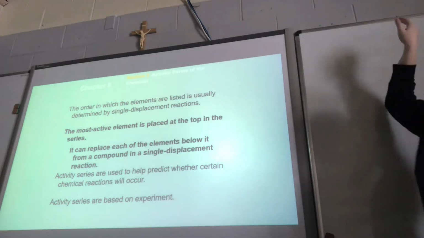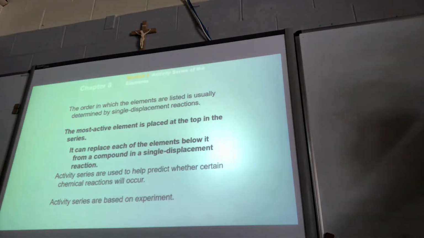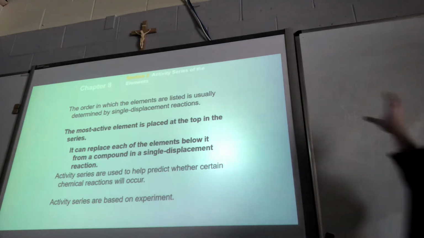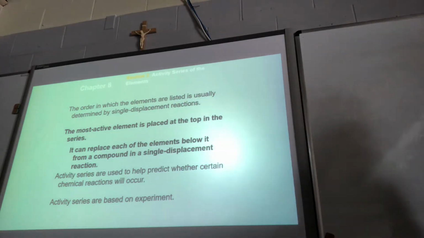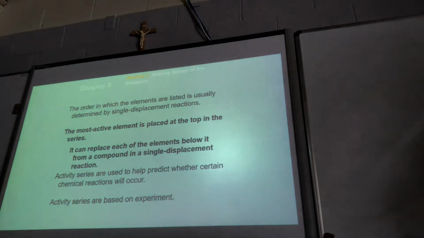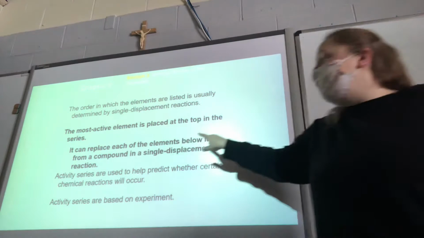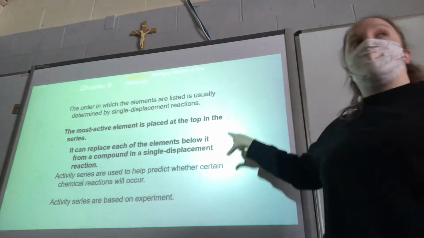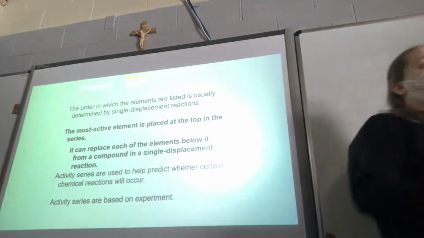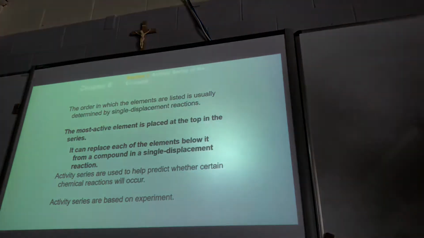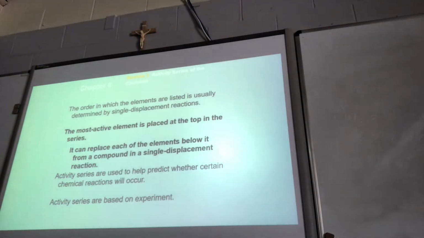It can replace anything below it in a compound. This activity series only applies to single displacement reactions for our purposes. Again, this is the most important part of this section. The most active metal at the top can replace anything below it in a compound.